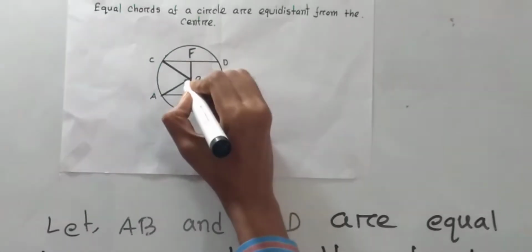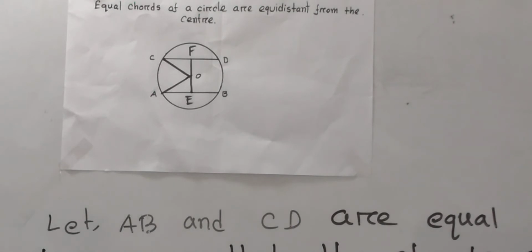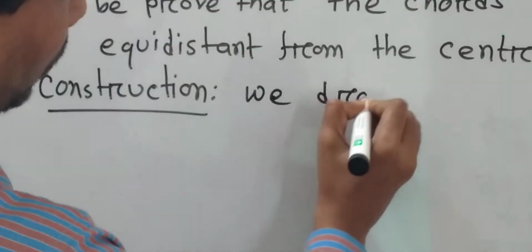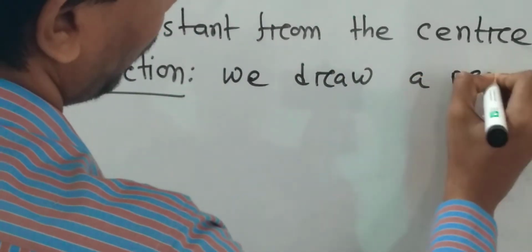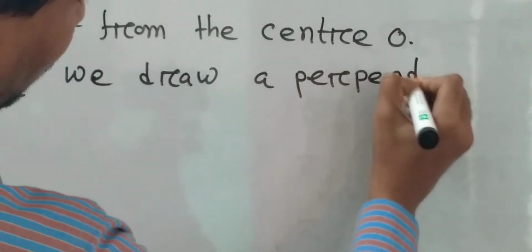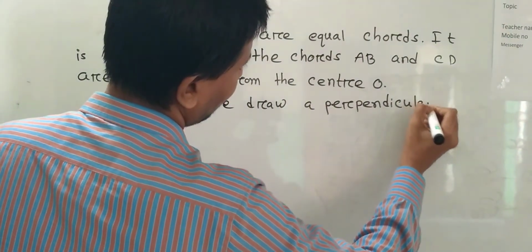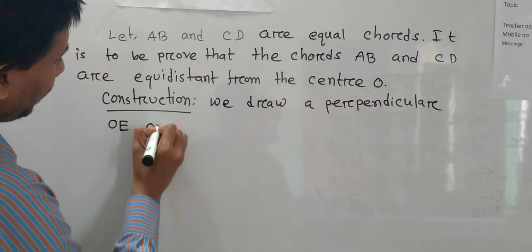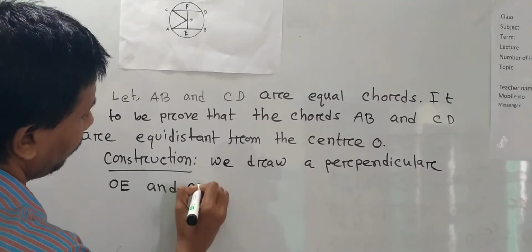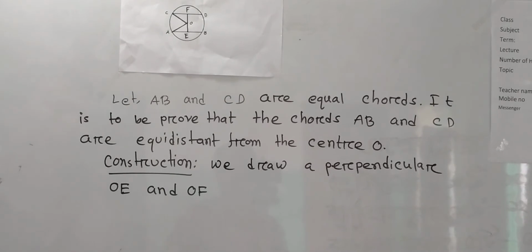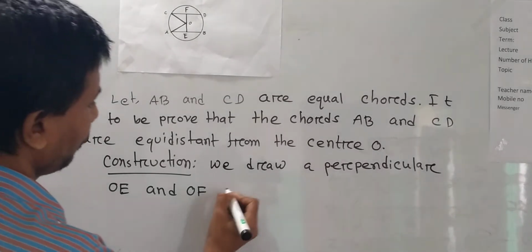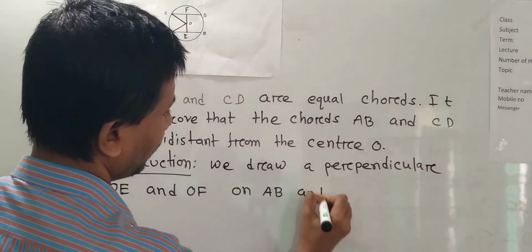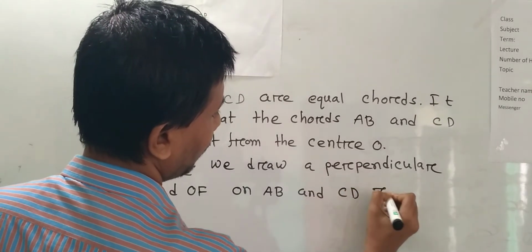That means we draw perpendiculars OE and OF on AB and CD respectively.